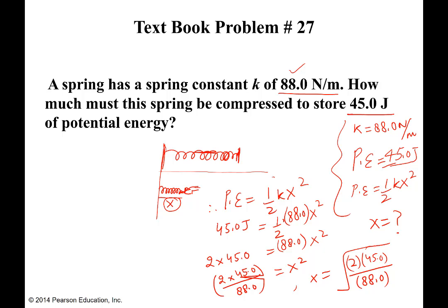It compresses by nearly a meter. Make sure all units are in the SI system. That's how, with the help of energy, you can solve this problem. But this time we are not working on gravitational potential energy. We're working on elastic potential energy.